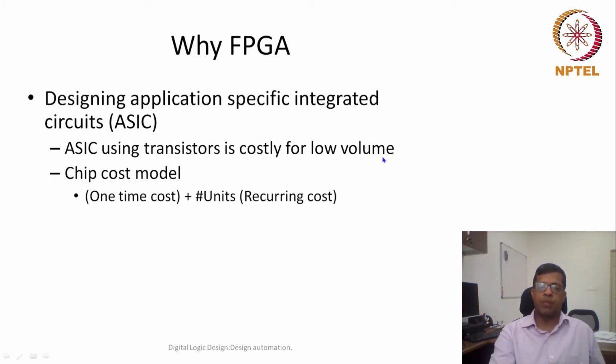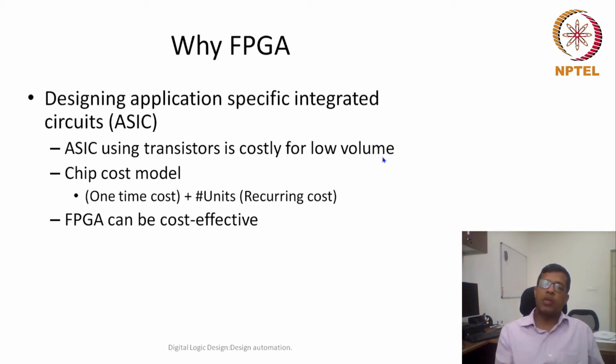With every technology, the cost of a transistor gets reduced, but the overall chip cost can be low only if the volume is high. So what if we have low volume and we still would like to have an ASIC solution? Then we can have FPGA as a cost-effective solution, because it is an already manufactured chip. This chip is programmable, so any ASIC can be configured on the same chip.